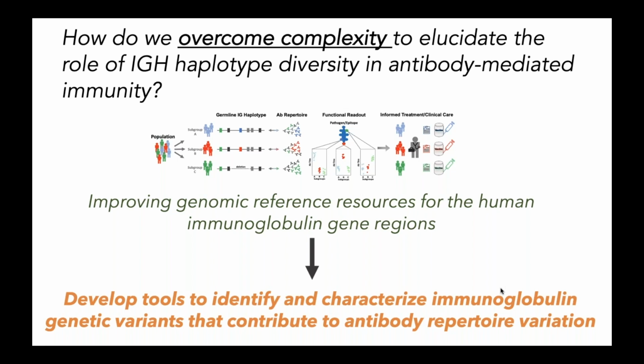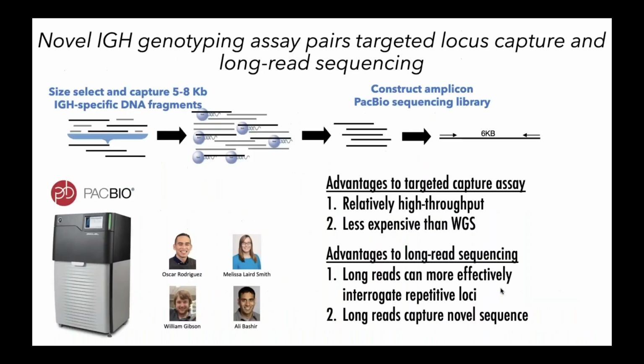And then what I am going to talk to you about now is a tool that we've been developing to enable more high throughput genotyping of the IGH locus and how we're using that to begin doing some of the biology that's been intractable up until now. And so we have basically been developing for the last few years a custom panel, a NimbleGen Roche panel.